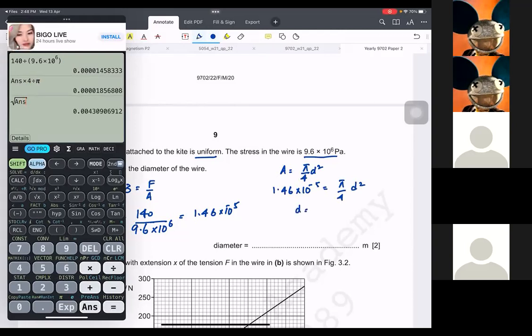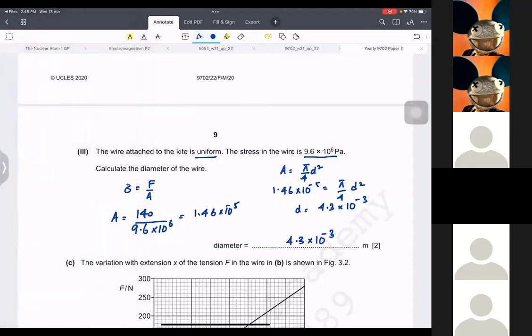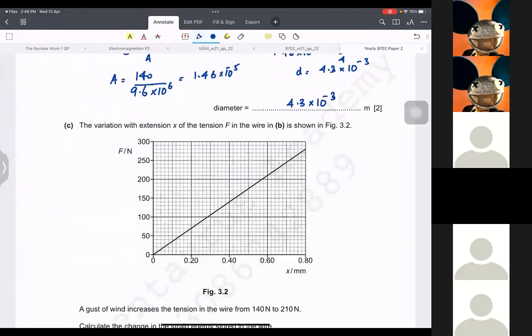So the diameter is 4.3 times 10 raised to power -3. So that should be your diameter. Okay. Yes. Now please do remember, if you have any questions, let me know.